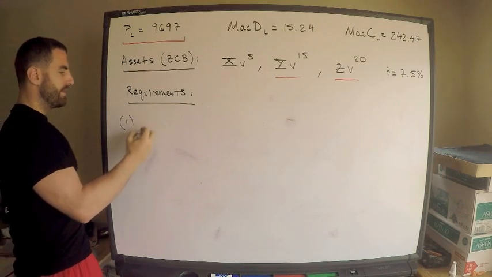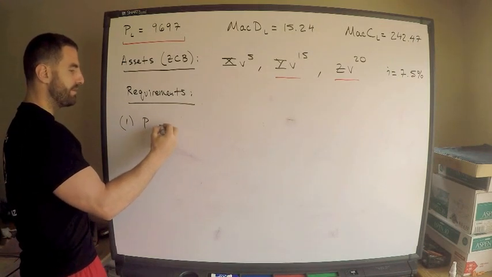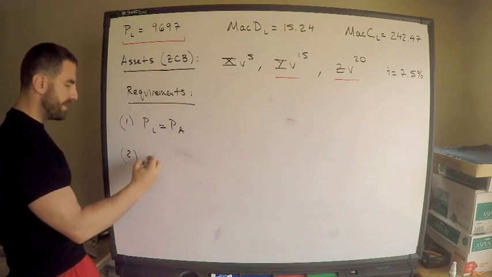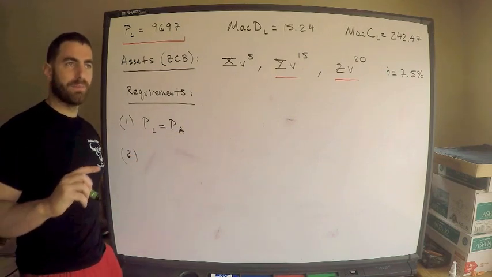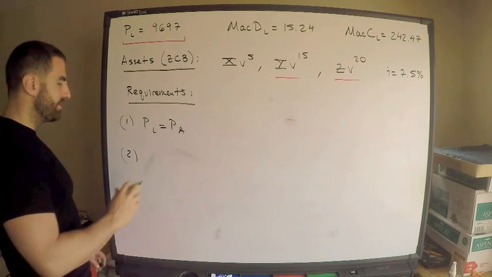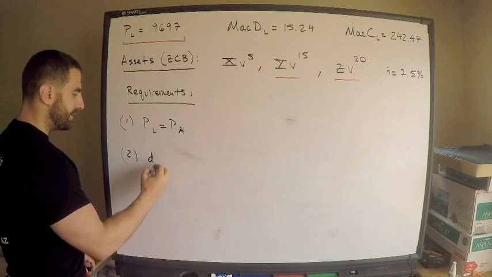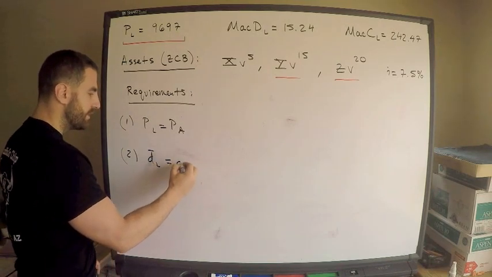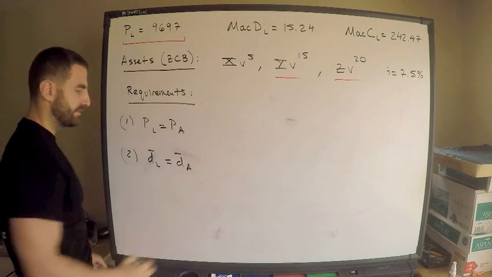So number 1 is we need the price of the liabilities to equal the price of the assets. Number 2, it doesn't matter whether it's modified duration or Macaulay duration. So I'm just going to put the duration: duration of liabilities must equal the duration of the assets.